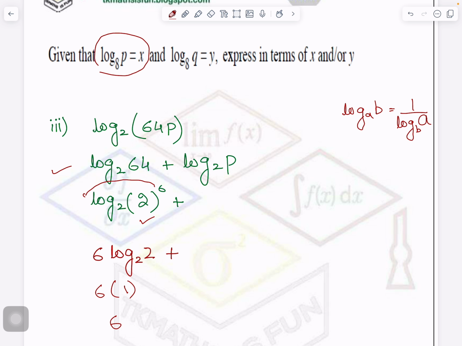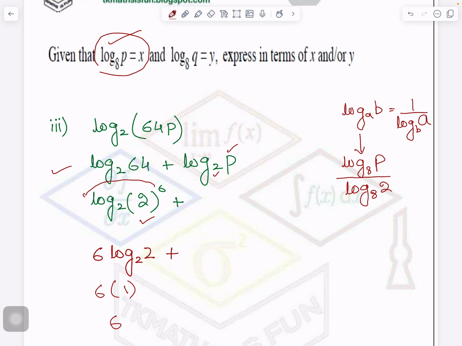I need to get base 8. So what is the second rule of changing any log into a base of your choice? You take the base of your choice. I want base 8 here because log p base 8 will give me x. But this p will come here, and base 2 will come here.